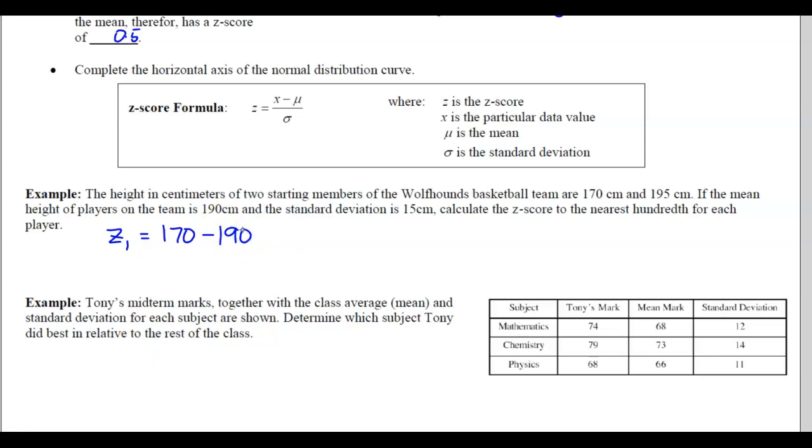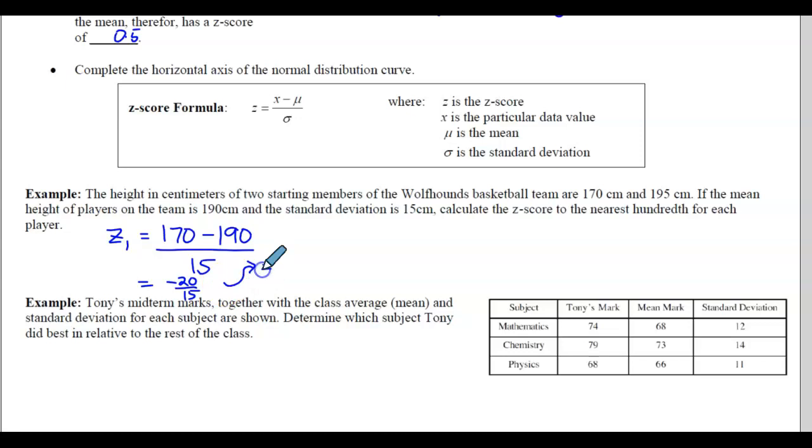So right away, you know it should be a negative value because that 170 is smaller than the mean. And then you divide by the standard deviation of 15, nearest hundredth. So that's what? -20 over 15. So -4 over 3.